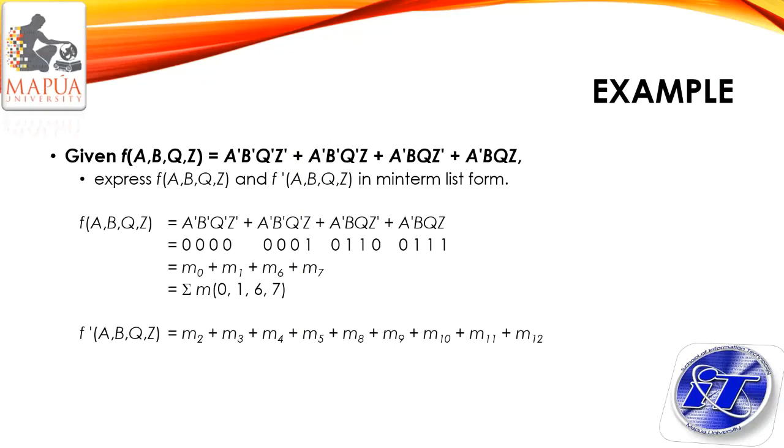Any value that is not part of this list will give us 1 in the complement function, which are these minterms. So this is the complete list of the minterms. Okay? So that is the relationship between the maxterm, minterm, and the function and the complement function.